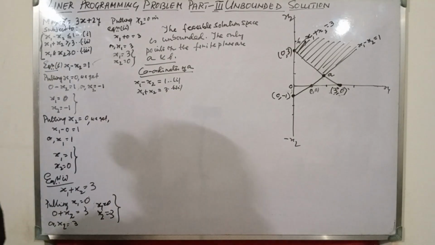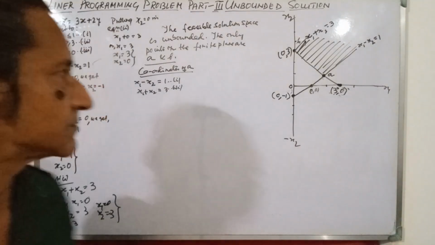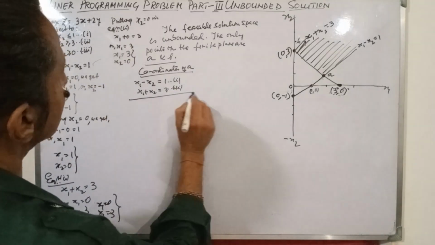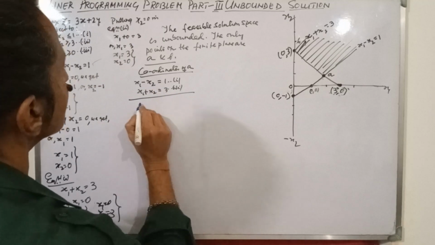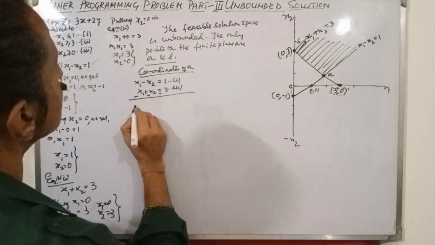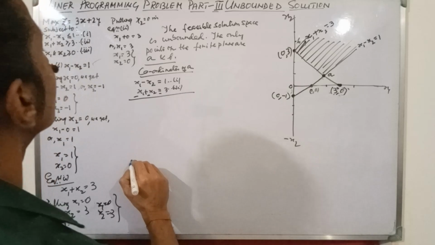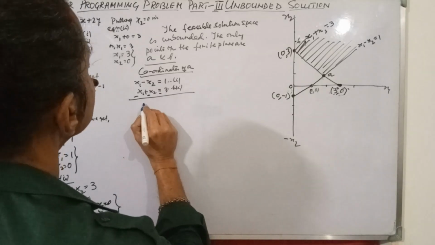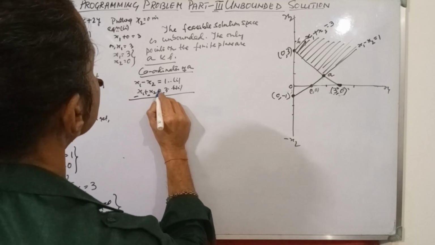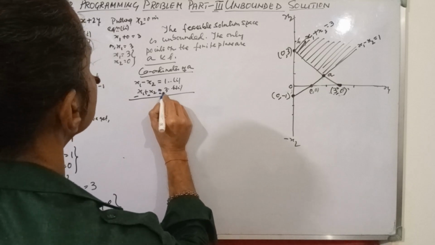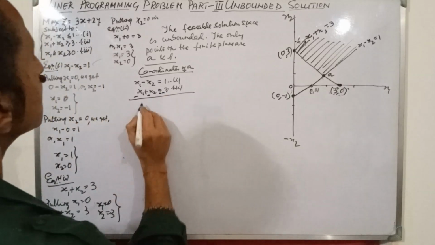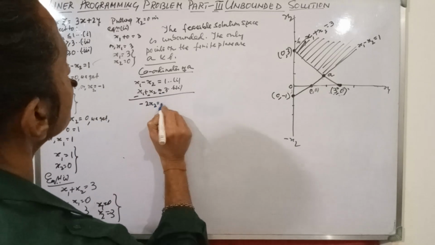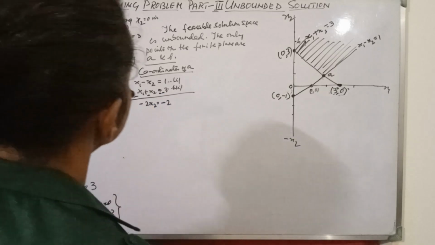We will simply solve these two equations. Subtracting 2 from 1, what do you get? Minus 2x2 equals minus 2.